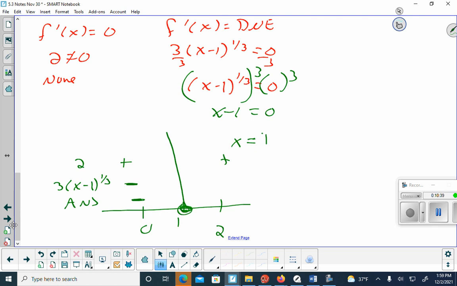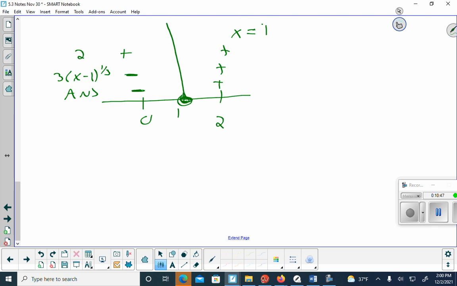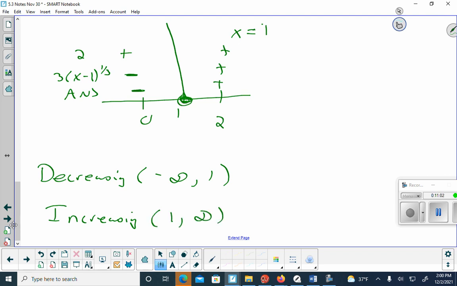Then I'm going to have 2 positive. So then I am going to have decreasing from -infinity to 1, increasing from 1 to positive infinity.